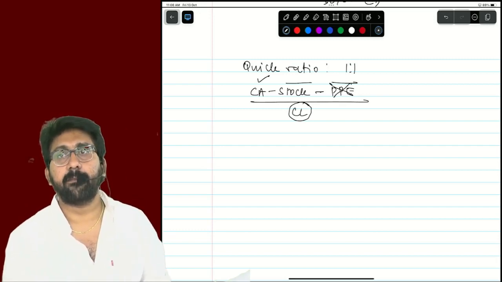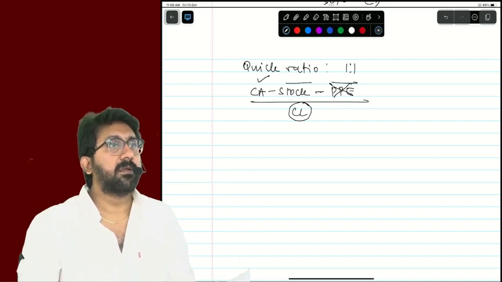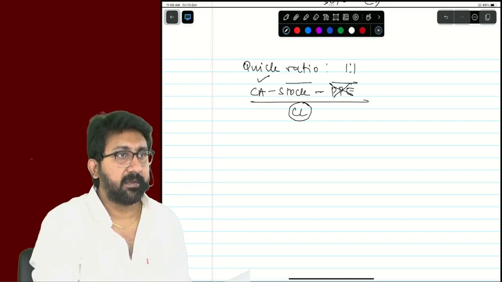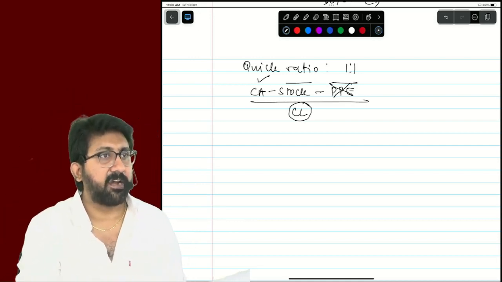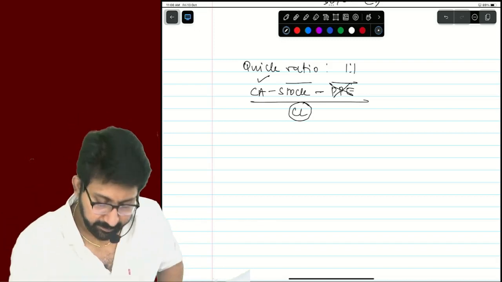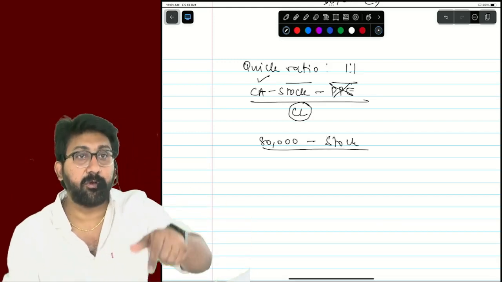Do we know the current assets total value? Everyone, 2 lakhs is the total assets. In that, 60%, 80%, 60% is the fixed asset. Already we calculated. How much we got? 1,20,000. Balance is what? So 80,000 minus stock divided by current liability, value we already know in the balance sheet.